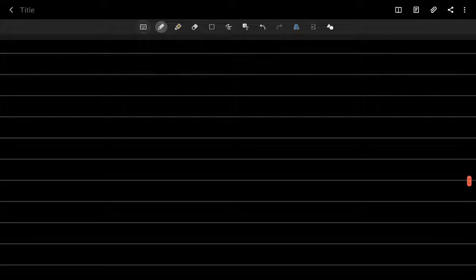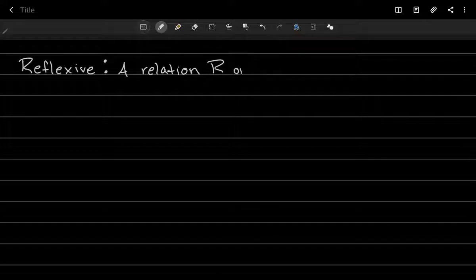So the first term we want to look at is called reflexive. Okay, so here we go. A relation R on A, so remember that means it's going from A to A. That second set is the same as the first set.